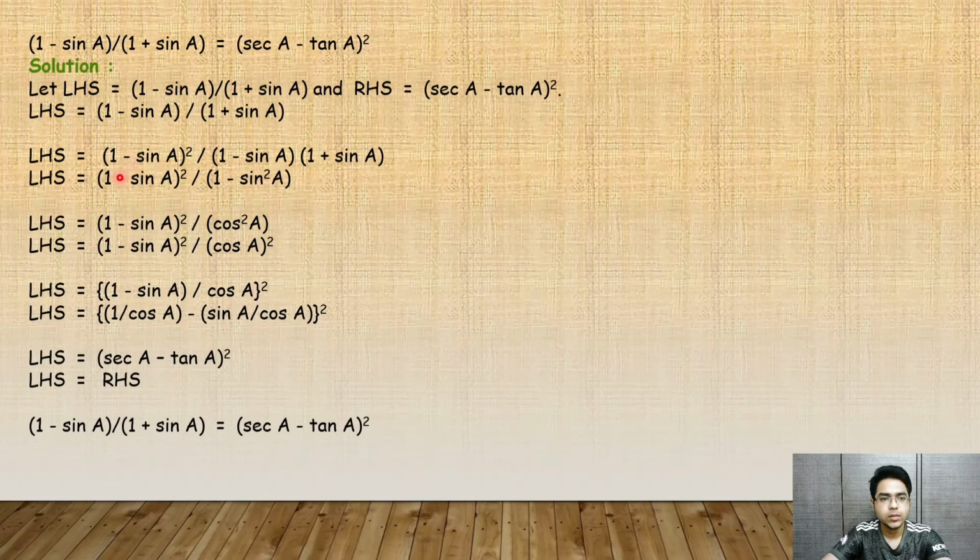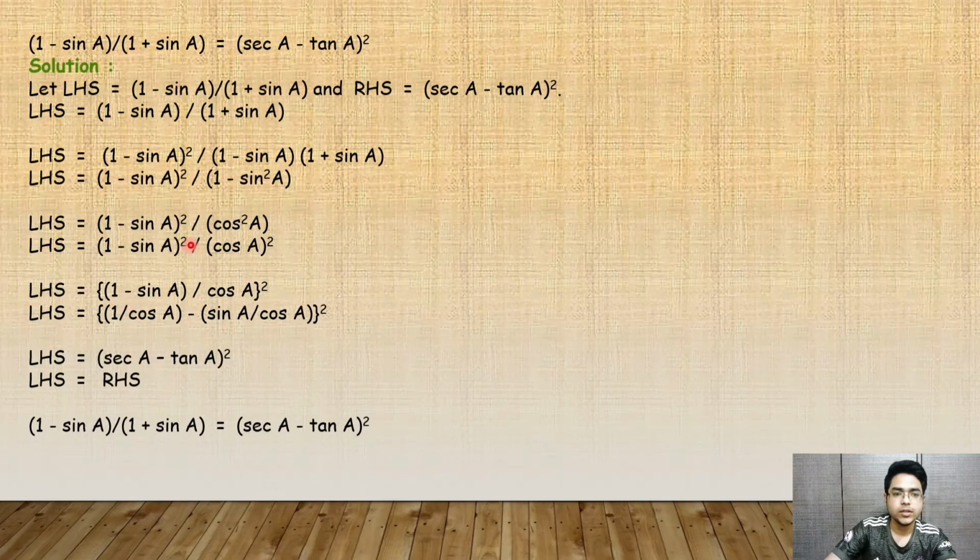So here the square term is coming, (1 minus sin A) bracket square, and after multiplying (a minus b) and (a plus b), here 1 minus sin²A we will be getting. So now (1 minus sin A) bracket square divided by cos²A. Here 1 minus sin²A is equal to cos²A. Further (1 minus sin A) bracket square divided by (cos A) bracket square.